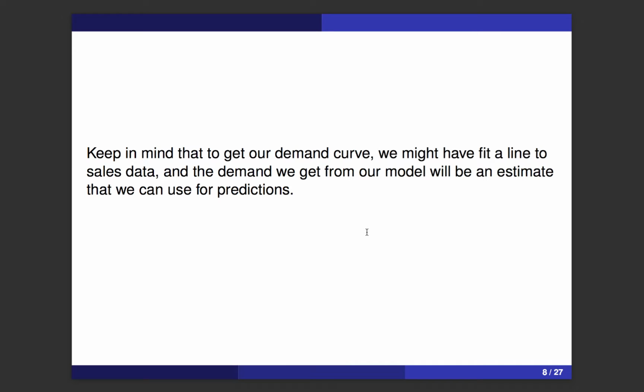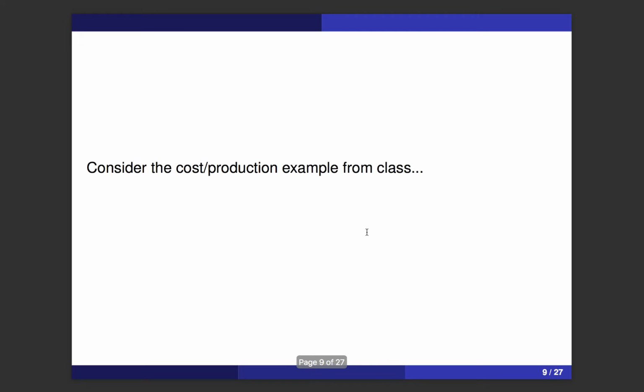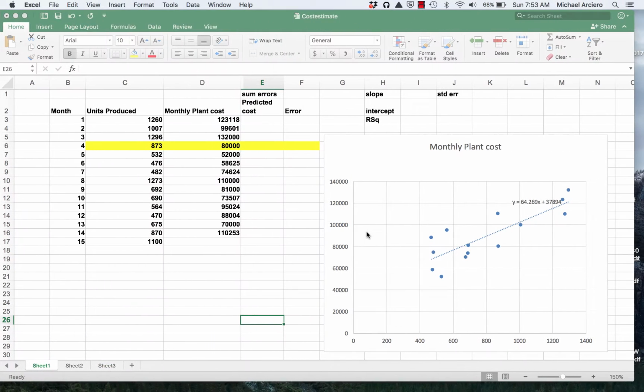Now we might have used some data to fit the line to get our linear model. So we're going to consider this cost production example from class, and we had Excel fit a linear model to our data here.